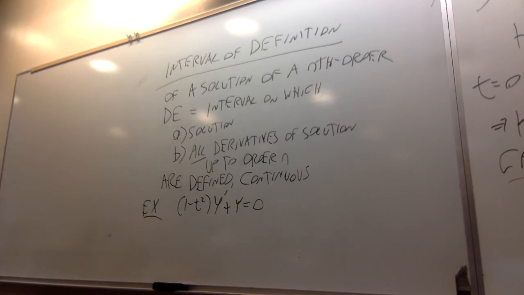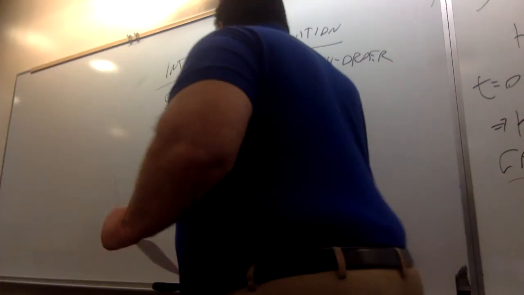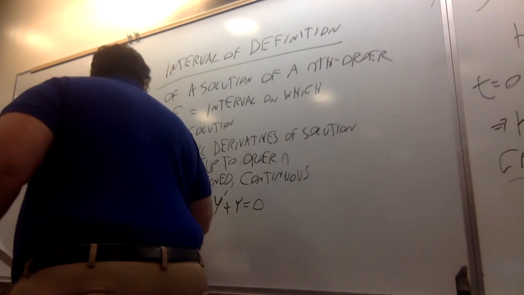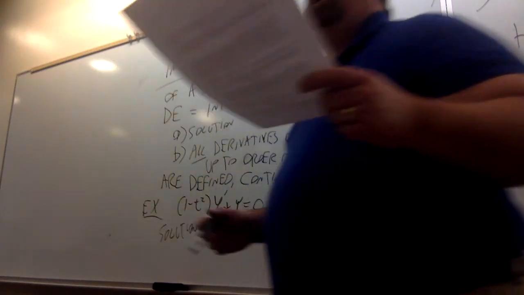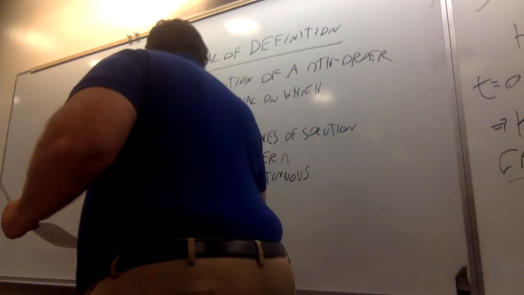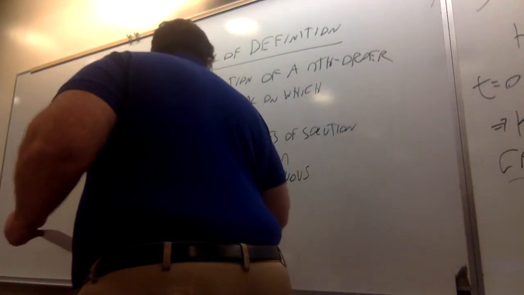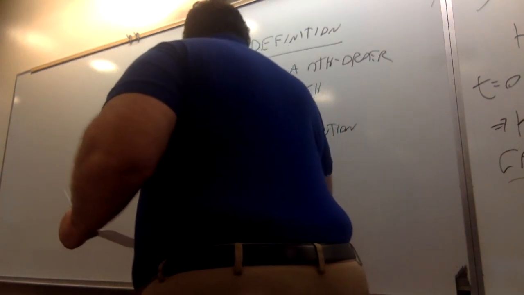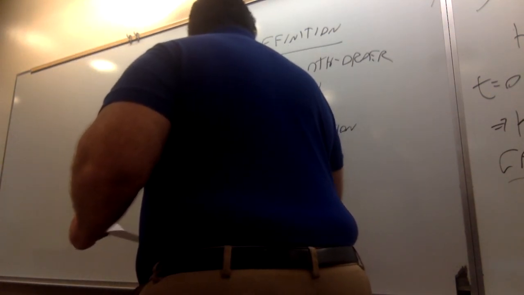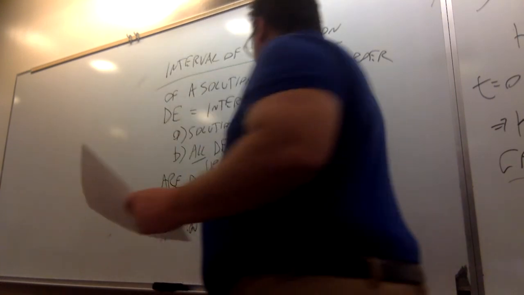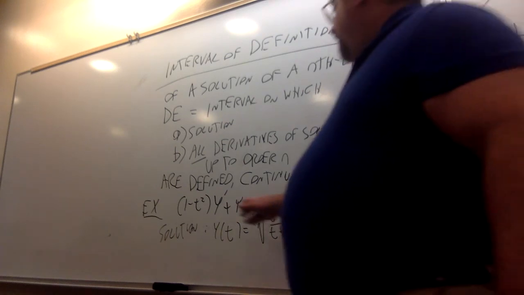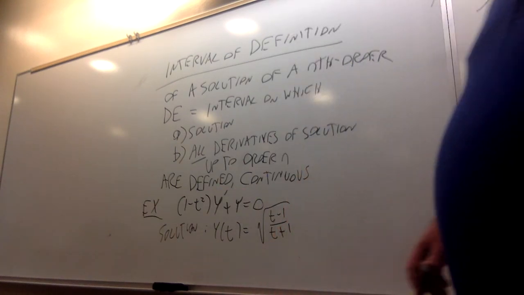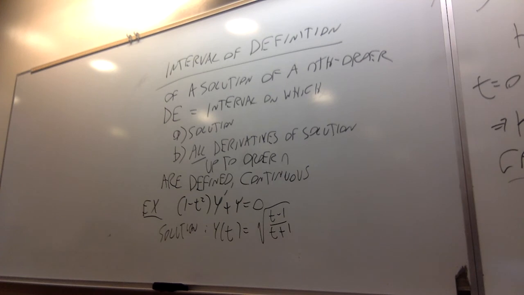But how does it behave? So for this example, I'll just pick a solution, and I say a solution because, as I mentioned before, a solution is not unique. I'm just picking out one. So if I take this function, square root of t minus 1 over t plus 1, and if I were to substitute that in, you will have some homework problems about verifying that a given function is a solution of a differential equation.